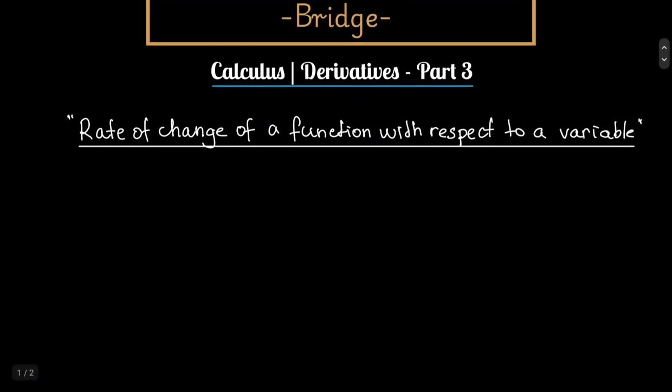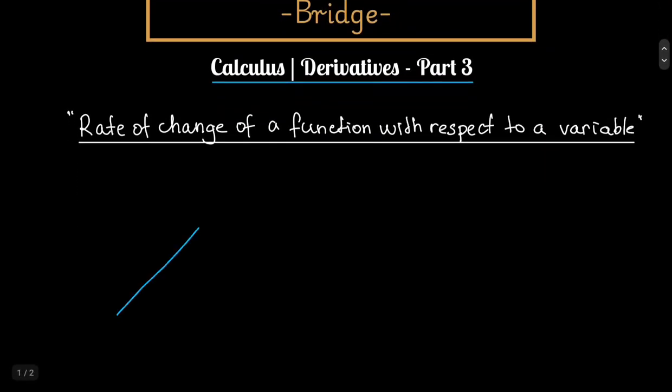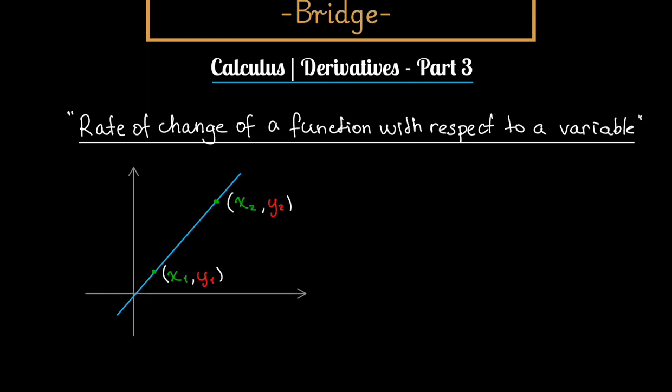Now, please recall, for a linear function, in order to find its gradient or slope, all you need are two given points. Once you have the coordinates of these 2 points, the gradient, which we simply denote with the letter m, would be equal to y2 minus y1 divided by x2 minus x1.